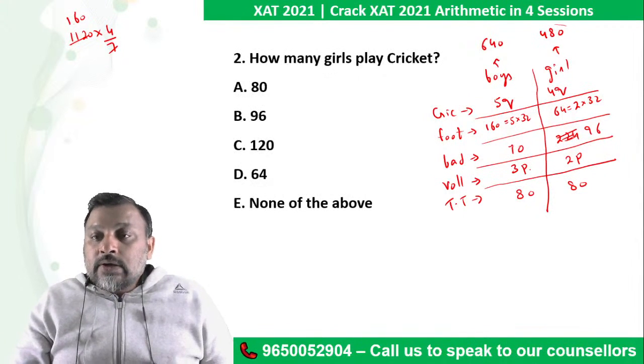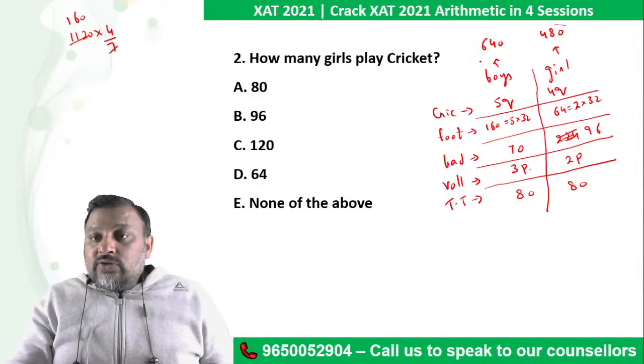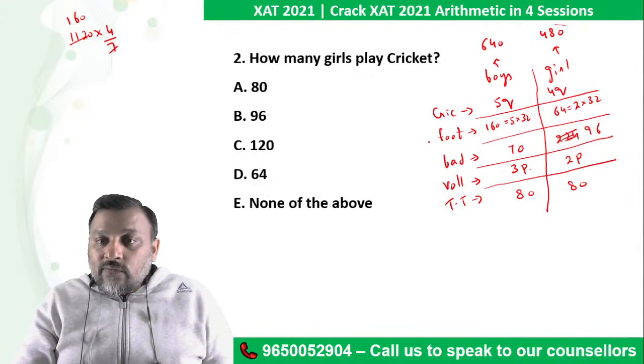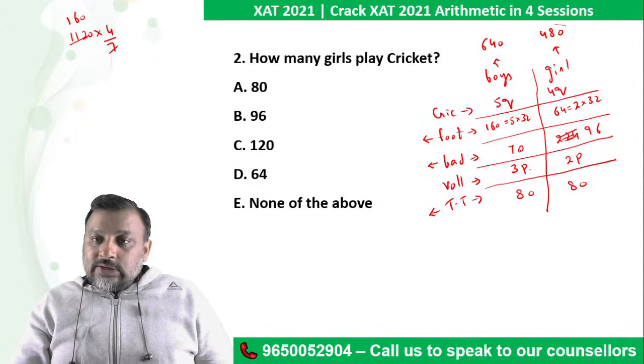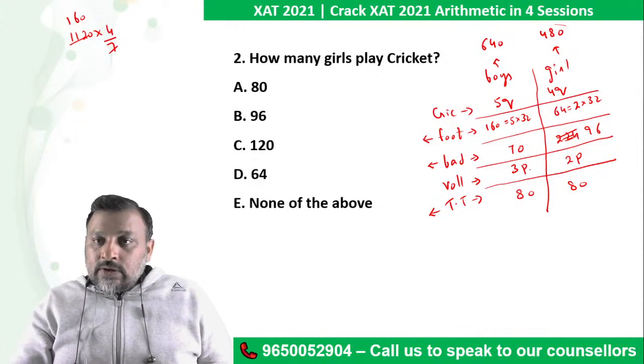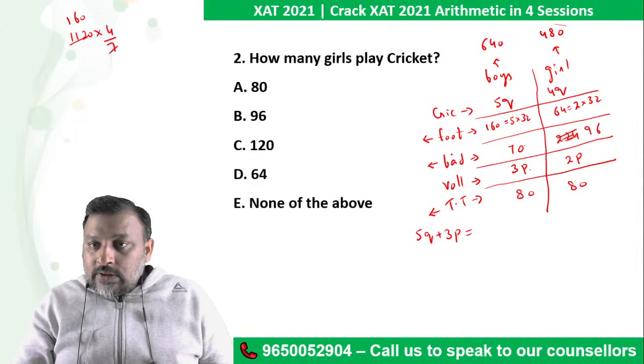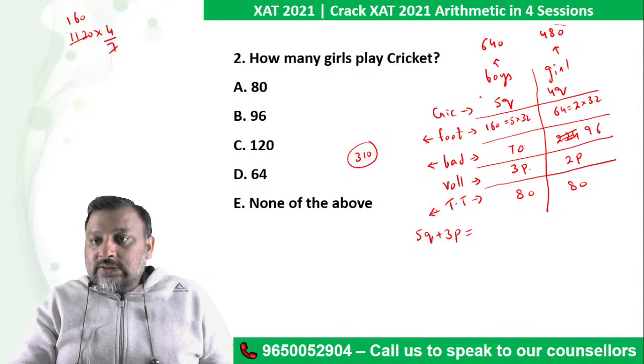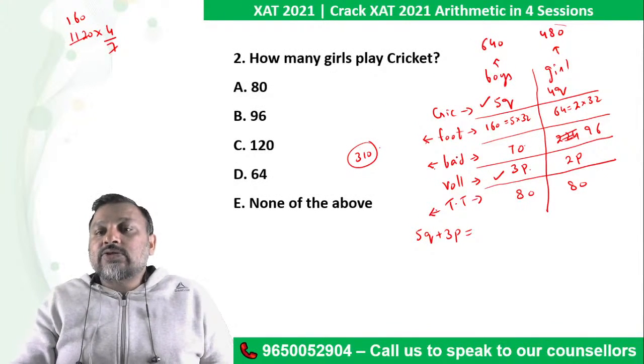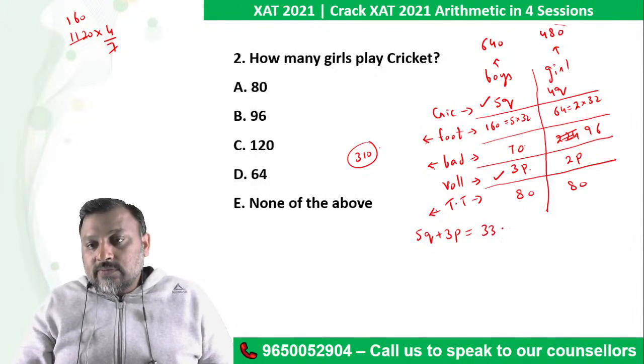Okay. So sum of these 5 should be 640. So sum of these three values is 240 and this is 310. So can we say 5q plus 3p, the sum of all three is already 310. So the sum of this and this should be 640 minus 310, that is 330.